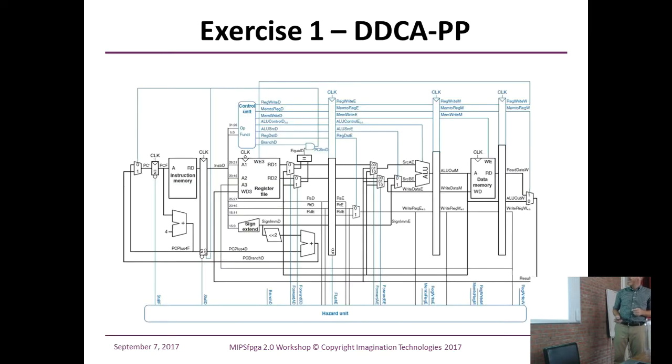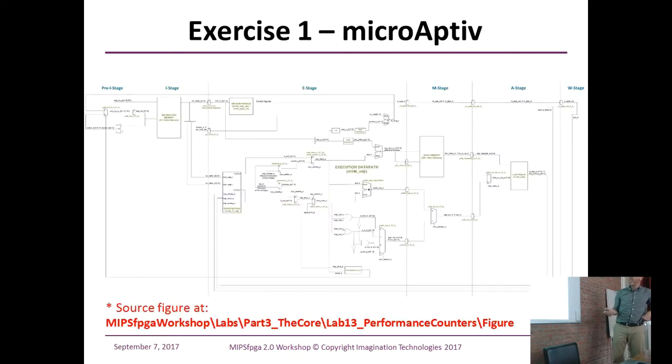But you can see that both processors have 5 stages. Some of them are the same. For example, the fetch stage, instruction fetch, is more or less the same in both processors. There is a decode stage followed by an execution stage, which in the processor in the book is split into different stages, while in MicroActive it's merged in a single one.